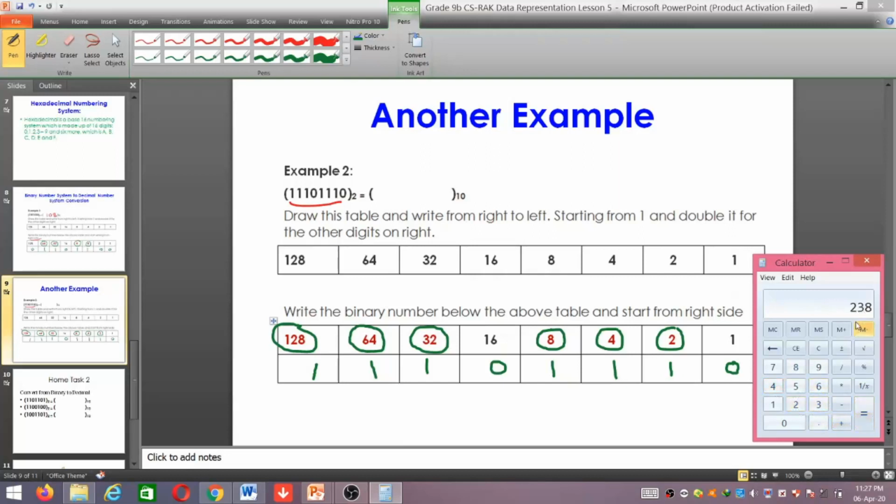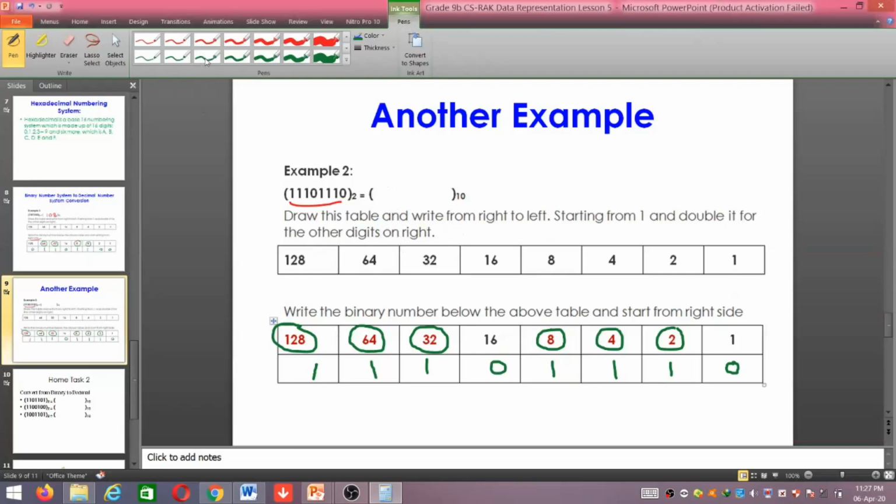So what do we get? We get 238. So what we will do here, we will write the answer here. 238 is the answer. I write the answer here, 238, and I will write the decimal base, it is 10.